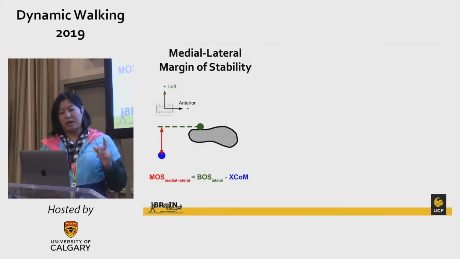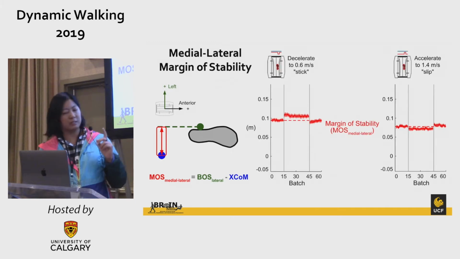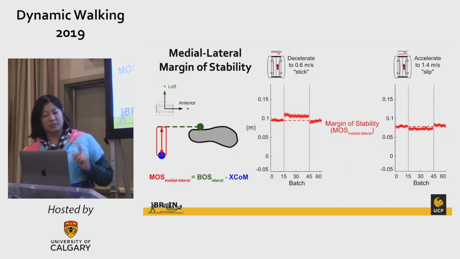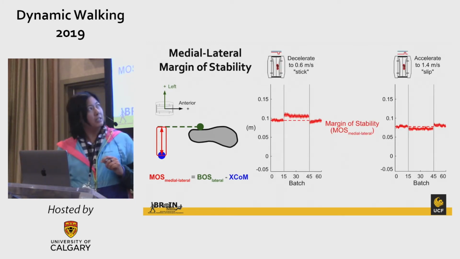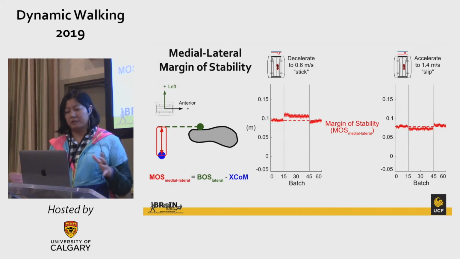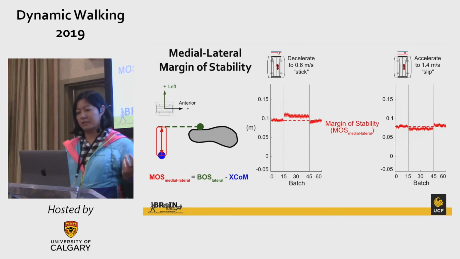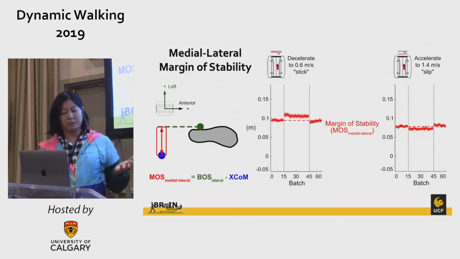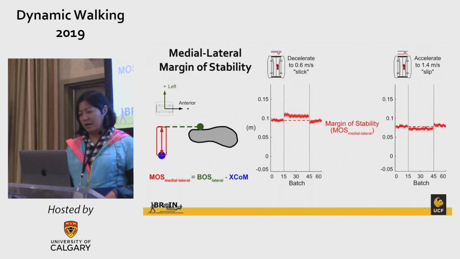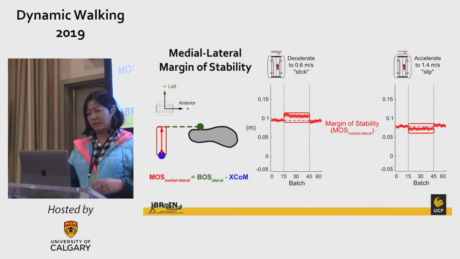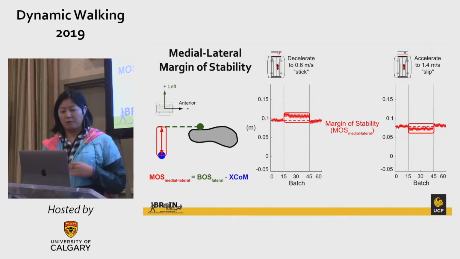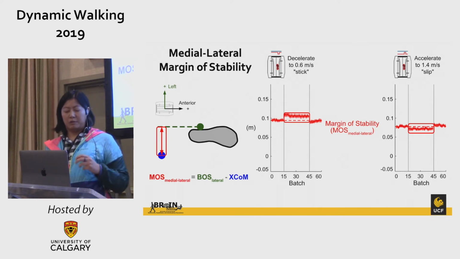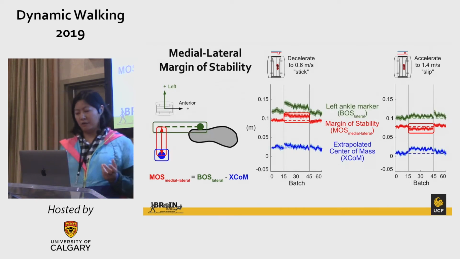We look at the medial lateral margin of stability. So in this case, towards the left side, we see that in the 2 perturbations, we actually get different behavior. For the stick perturbation, the margin of stability increased, and for the slip perturbation, it decreased. And then when we look at the left ankle marker and the extrapolated center of mass, we see that they also behave differently.